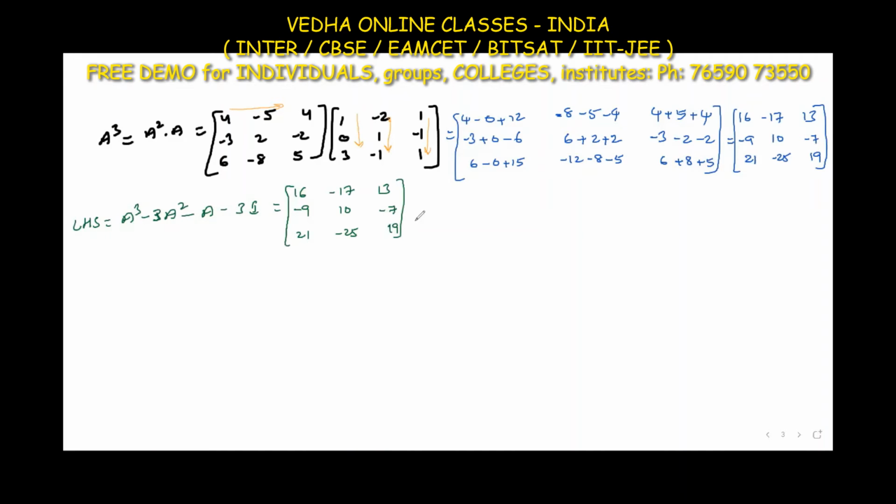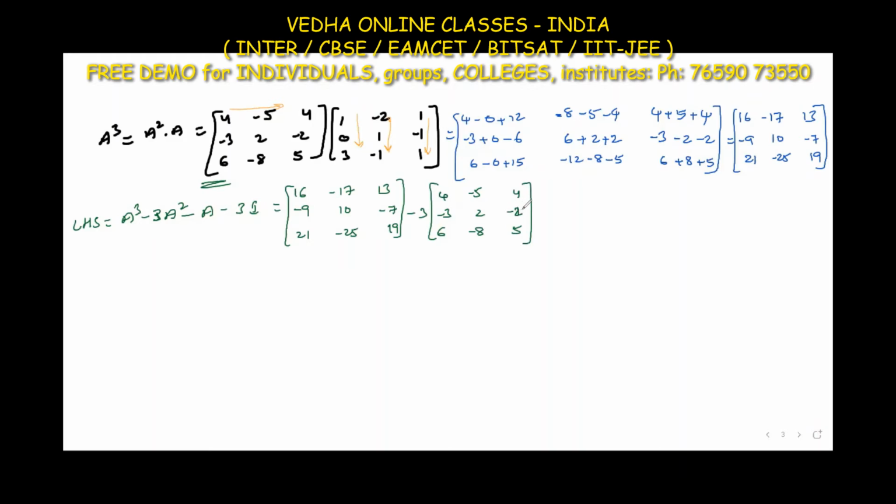This is A cube minus 3A square. 3 into A square value. This is only the A square value: 4 minus 5, 4 minus 3, 2 minus 1, and 6 minus 8 and 5.